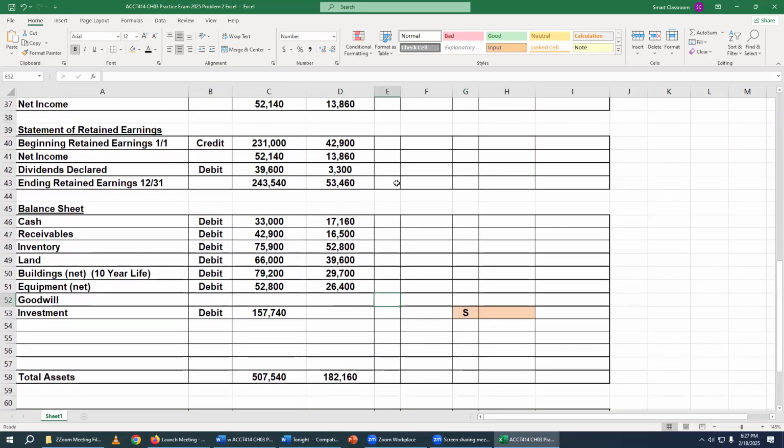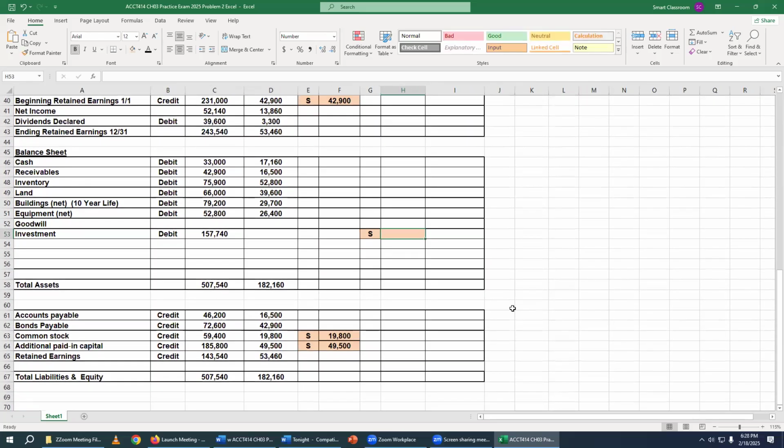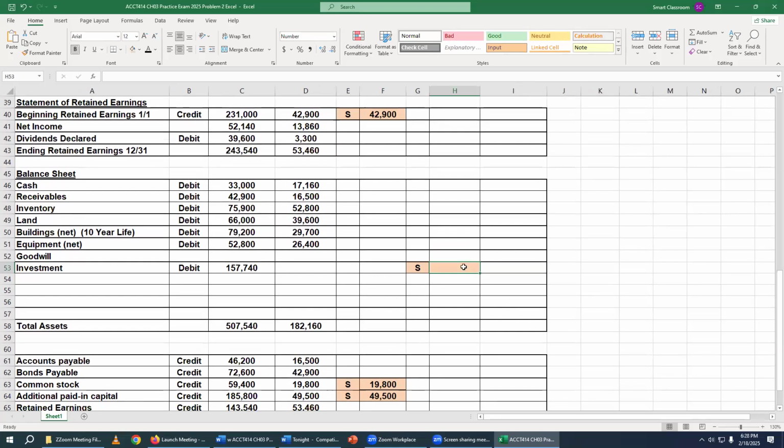And we've got to go all the way back to the beginning retained earnings to take that off. $112,200.